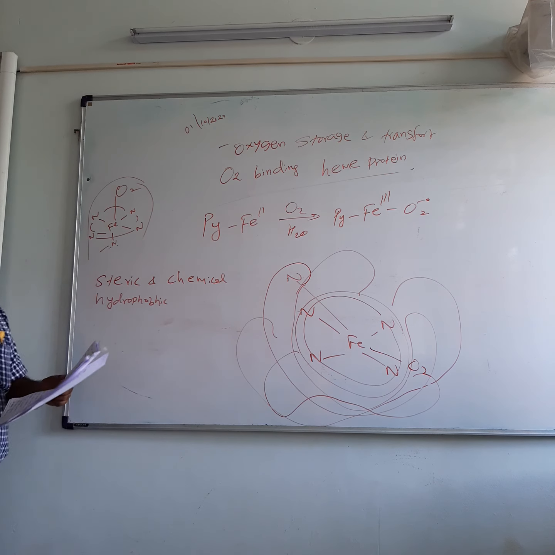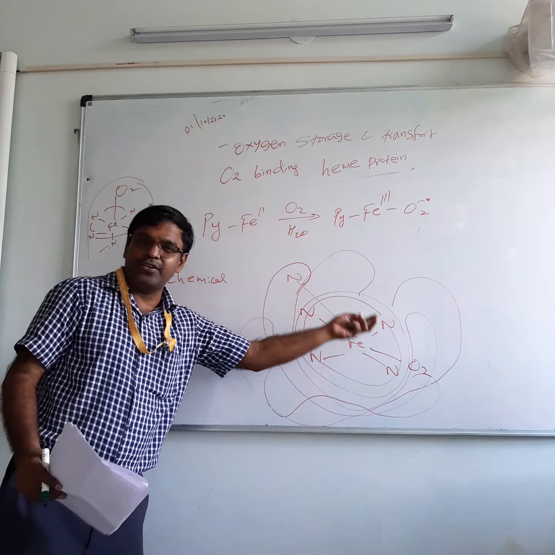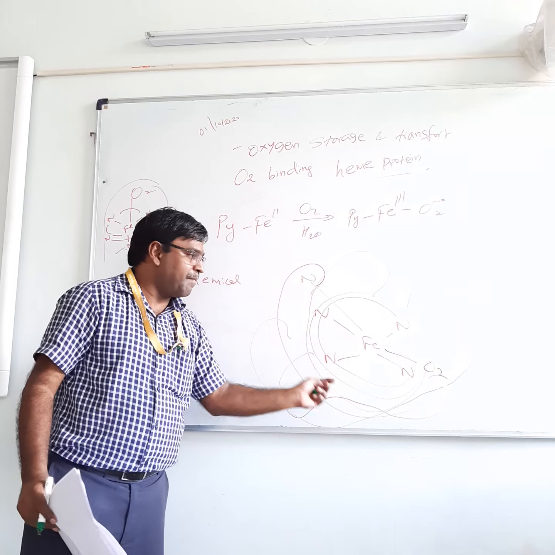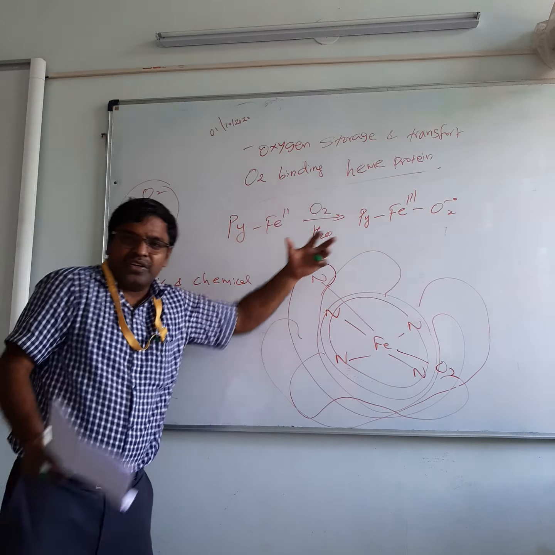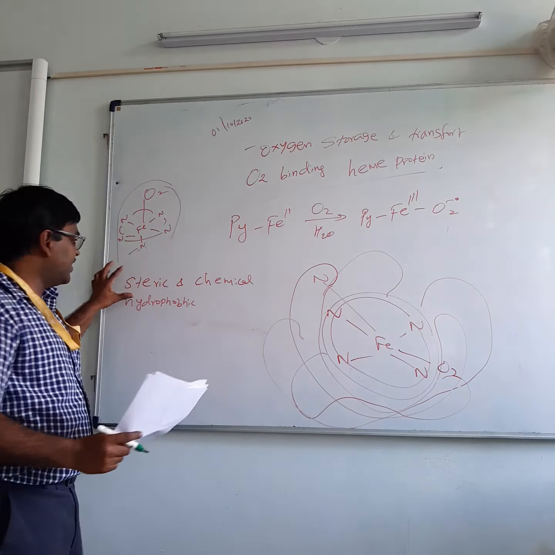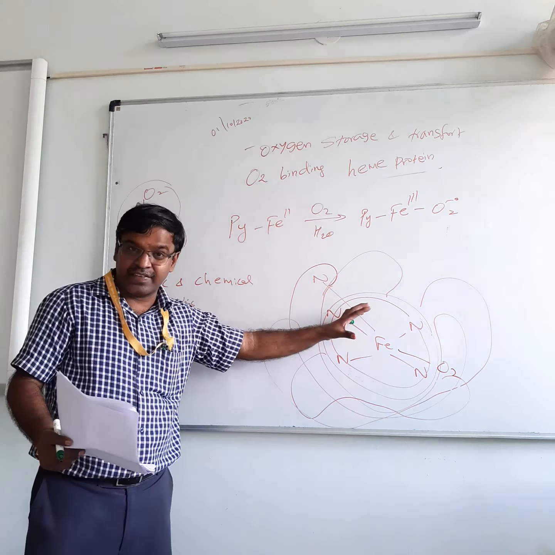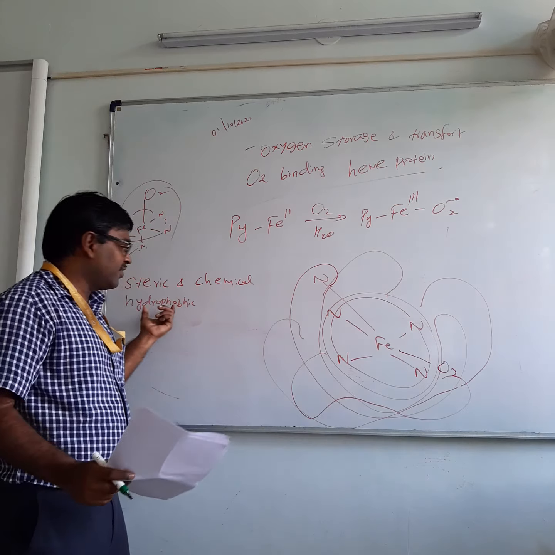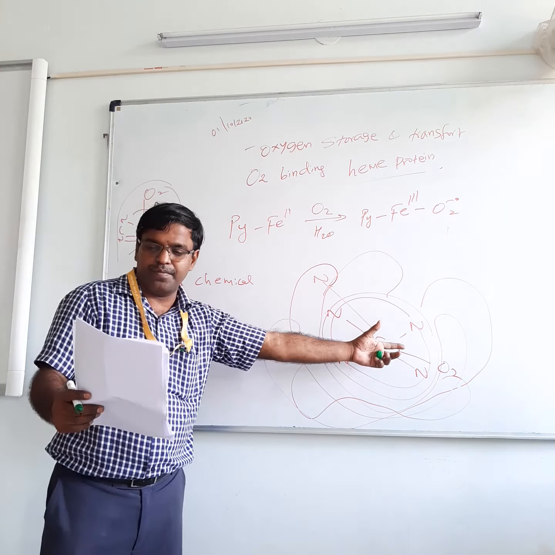Both will prevent the water from coming under attack. If once water comes under, then it is going to form the dimer, then it is going to spoil the oxygen carrier capacity. But when you have the protein folding or encapsulation, then we can see that it has a long chain stericness, it has a hydrophobic environment, so that it protects them.